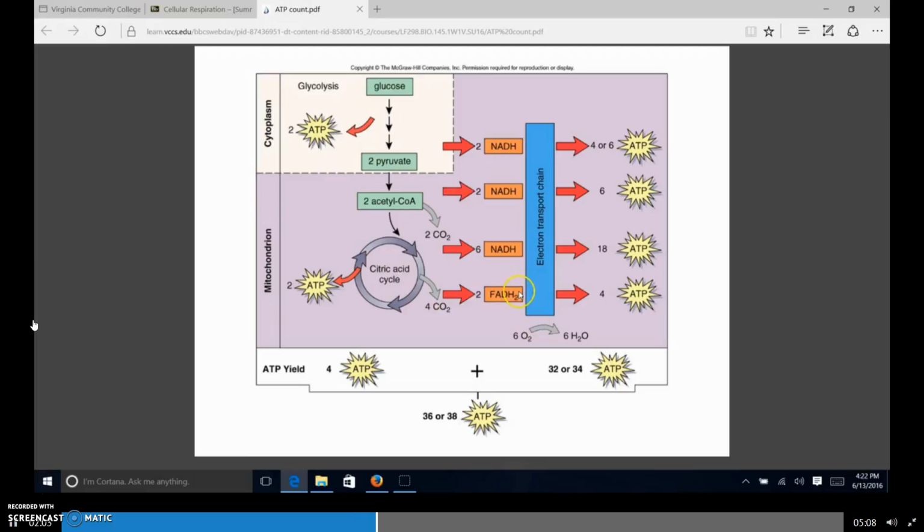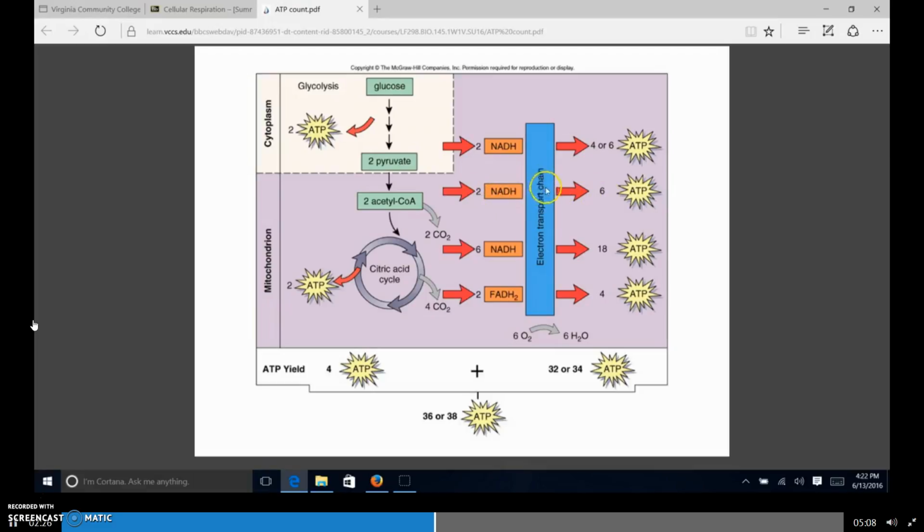Now, the next thing I want you to notice is the number of pumps that we saw being activated. We were either activating 3 pumps or 2 pumps. Look at our numbers here for a second, because if I have NADH and I end up with 6 ATPs, then 2 times what gave me 6? Well, 2 times 3.